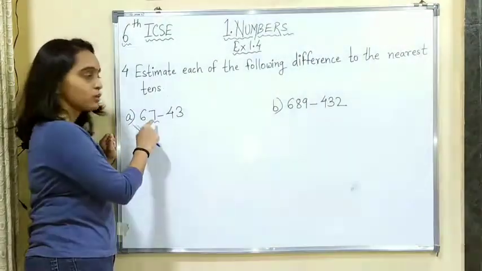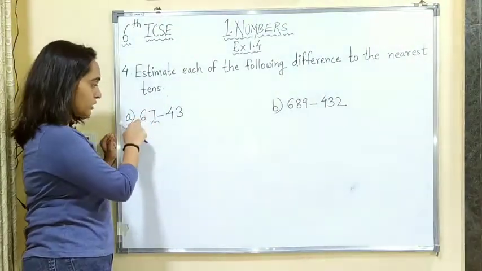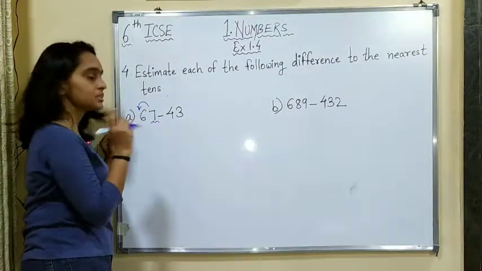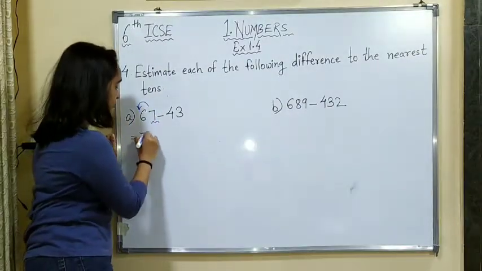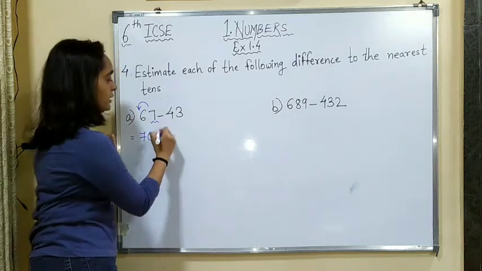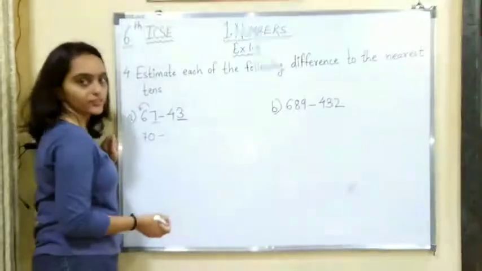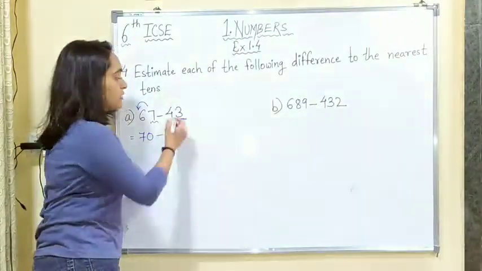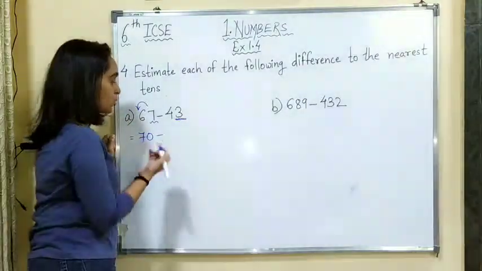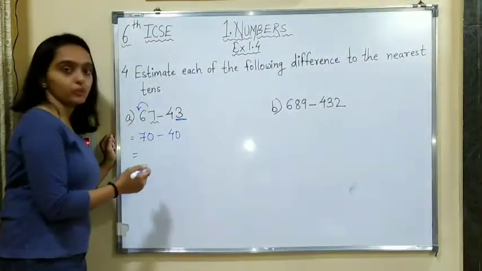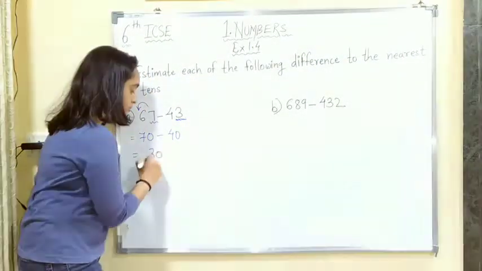It is 7. So we will add 1 to this number and replace this number by 0. So it will be 70, and here 43 is there. So the number at units place is 3. It is less than 5. So we will replace this number by 0. So it will be 40. Now 70 minus 40 gives you 30.